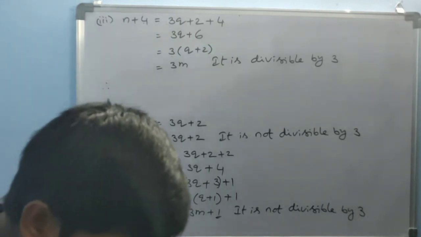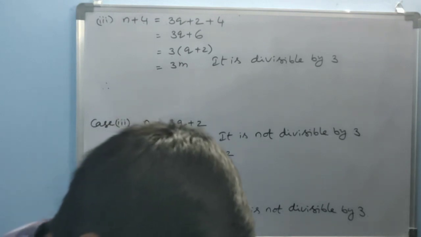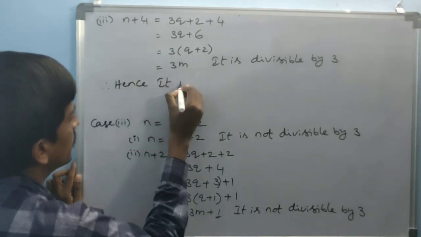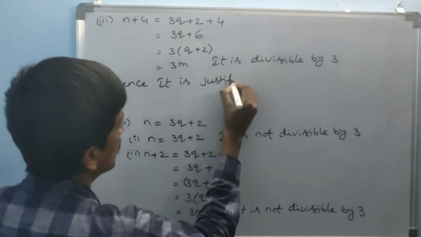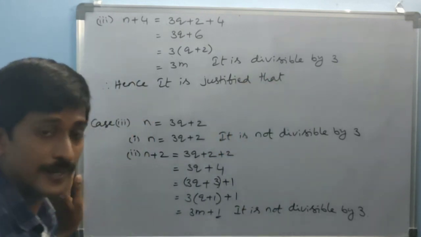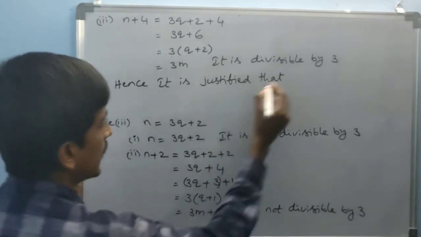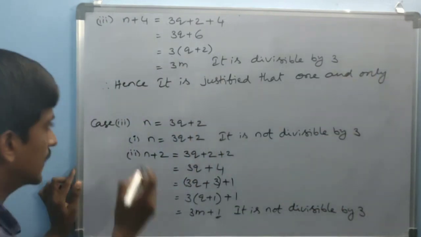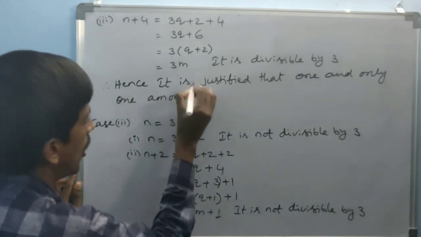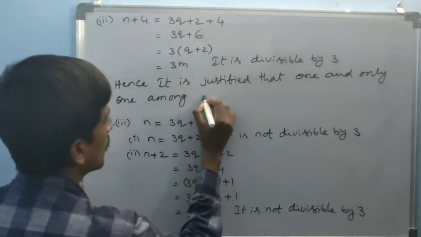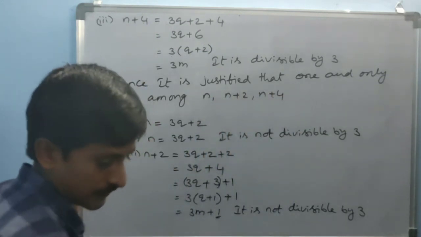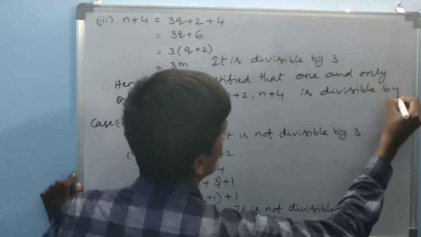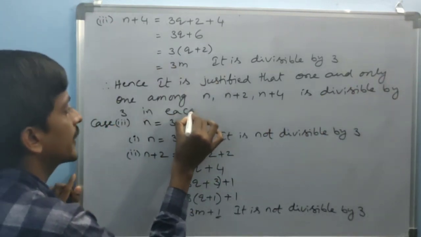Therefore, our sum is justified: one and only one among n, n plus 2, n plus 4 is divisible by 3 in each case.